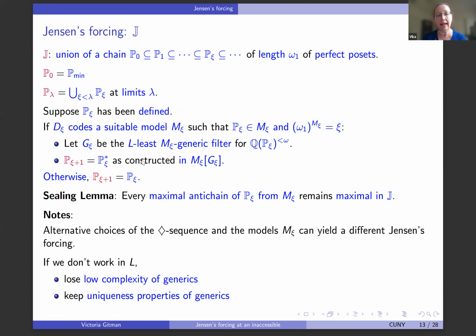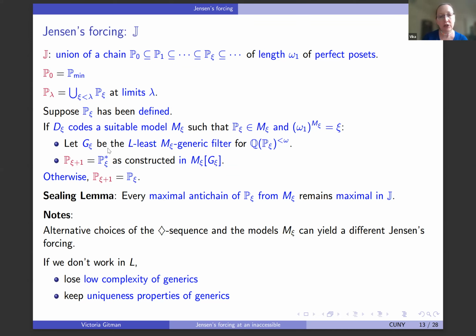And we will let the next stage poset be the P_ξ star as constructed in this generic extension, and we will use the least generic, of course, this is a countable model, so I have plenty of generics.